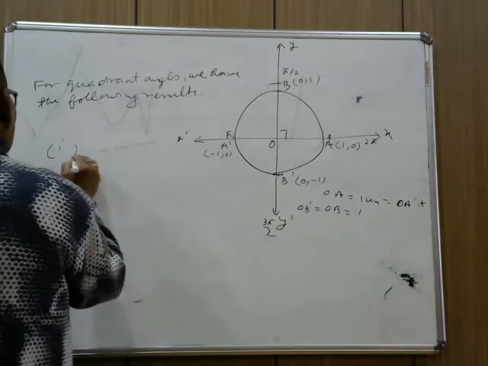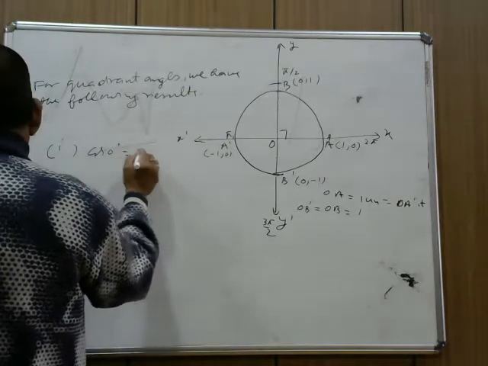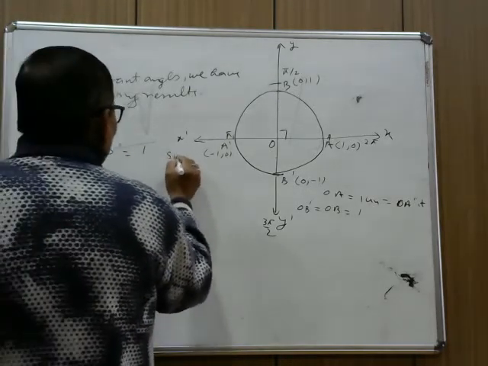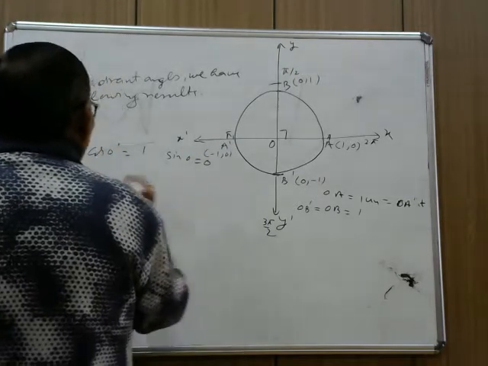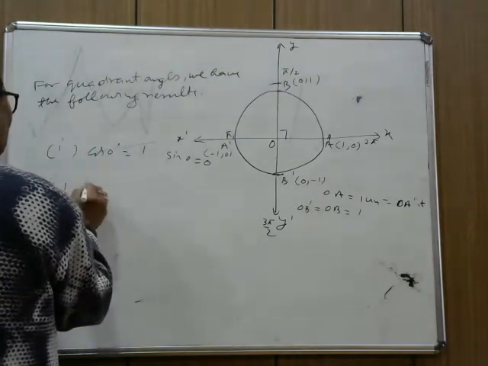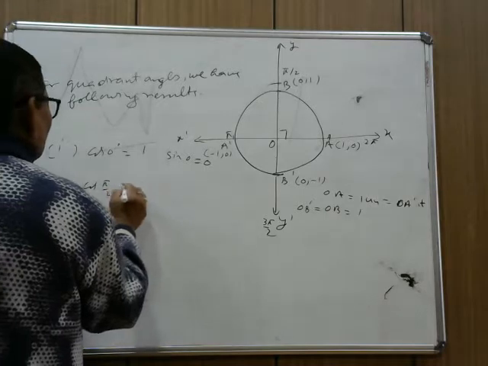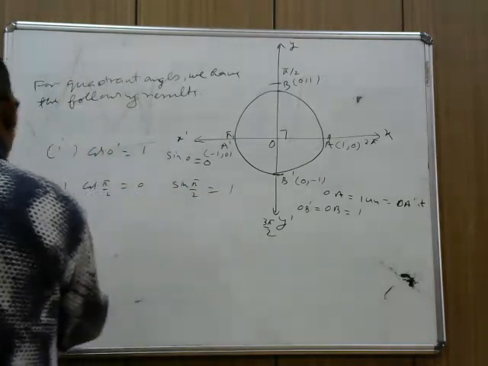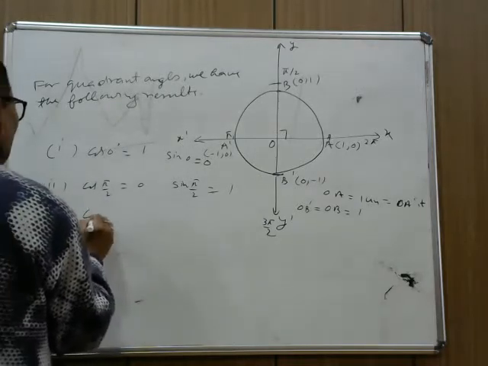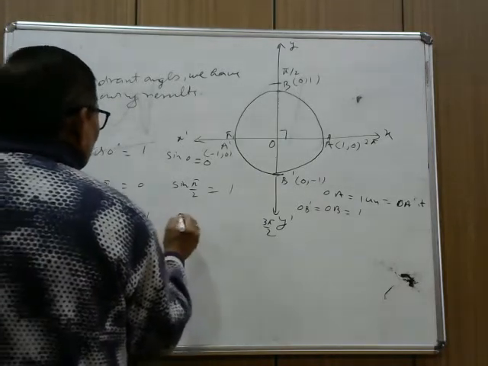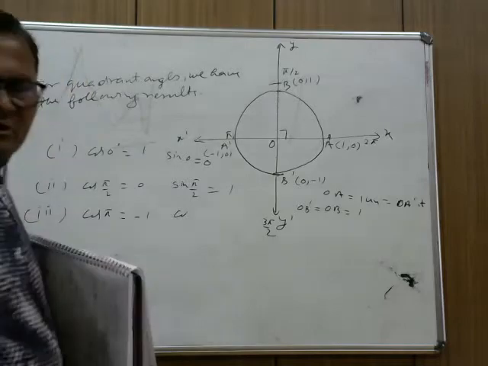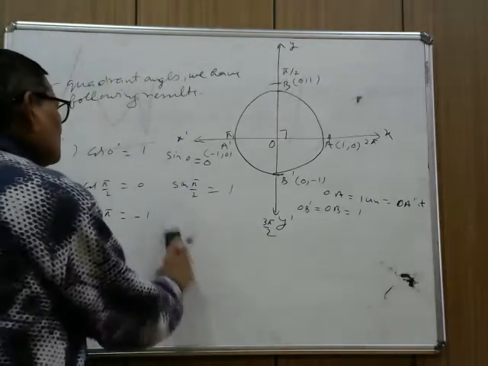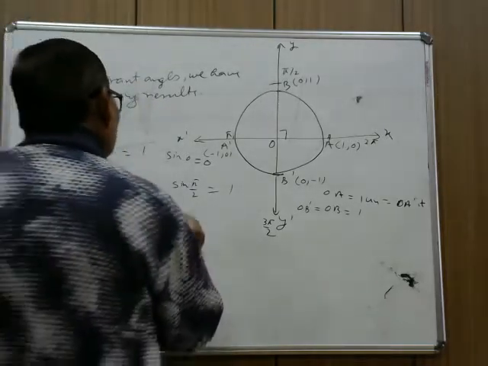First, cos 0 degree is 1 and sin 0 is 0. Then second, cos pi by 2 is 0 and sin pi by 2 is 1. Third, your cos pi is minus 1 and sin pi is 0.